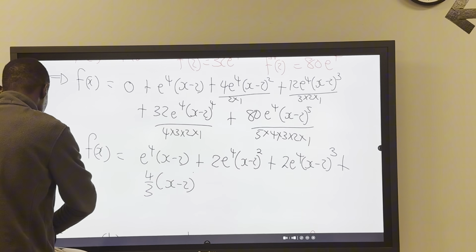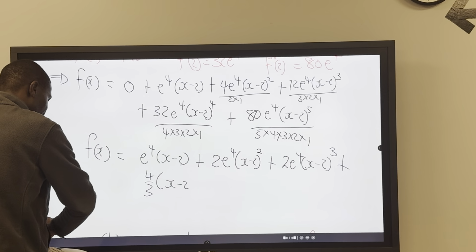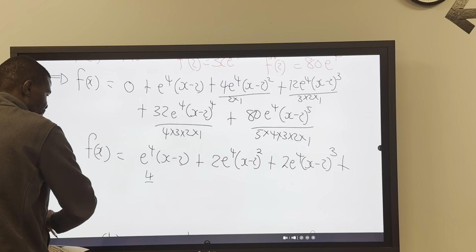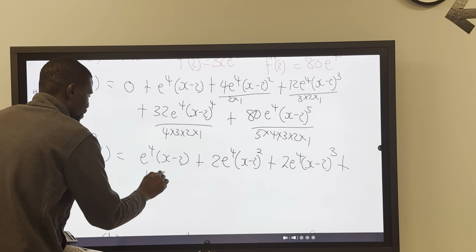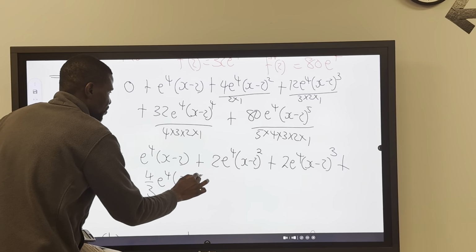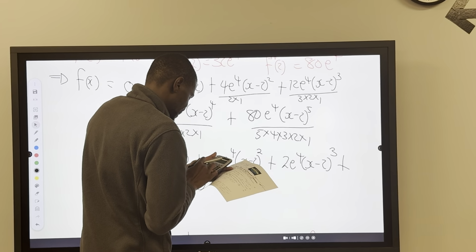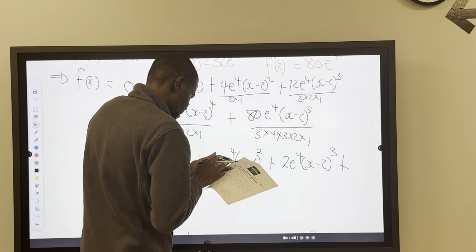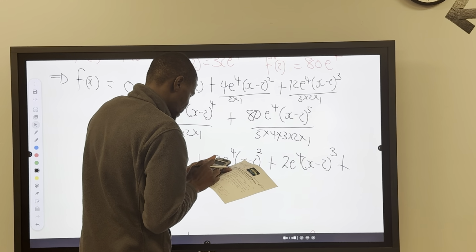Okay, I omitted something here. Okay, it's 4 over 3 e to the 4th of x minus 2 to the 4th plus 80 divided by 5 factorial. That's 2 over 3.